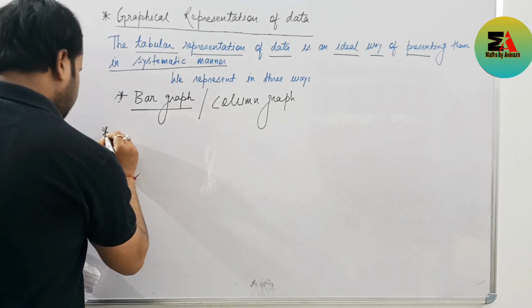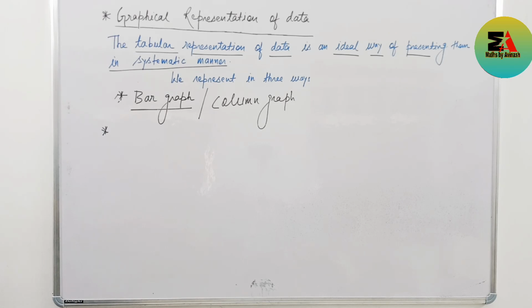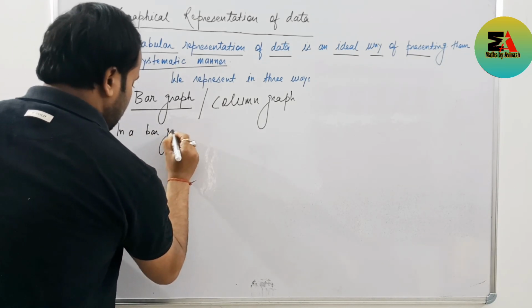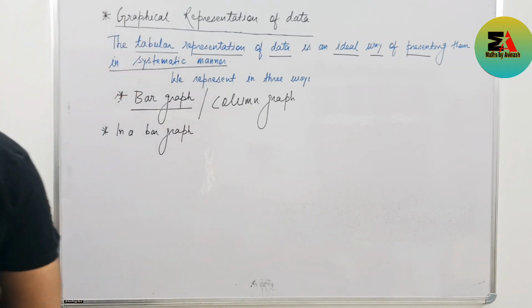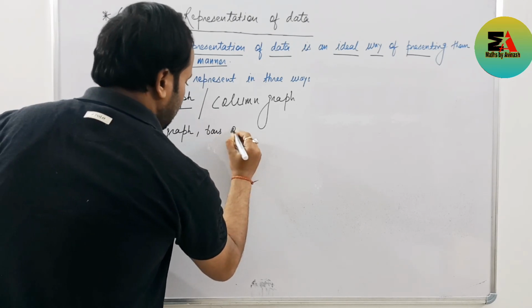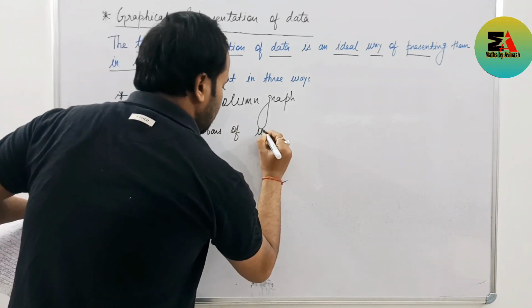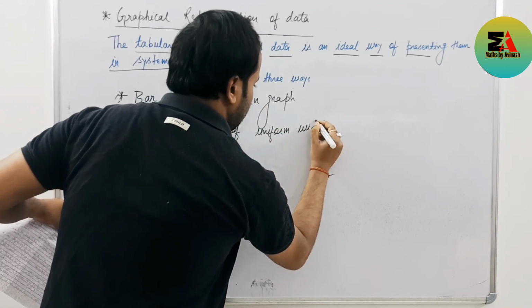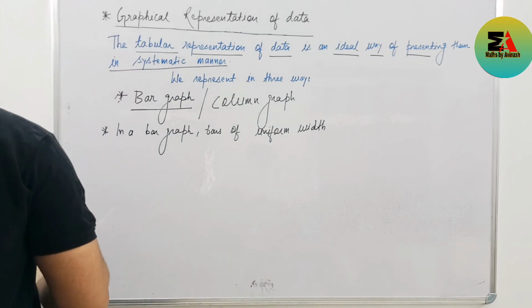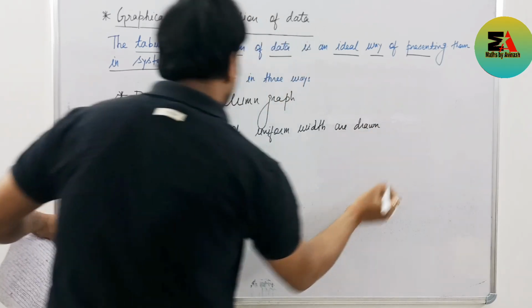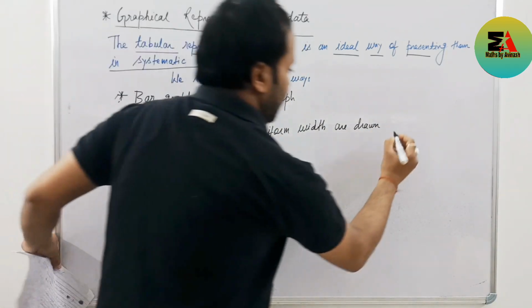These are some important points. Point first is: in a bar graph, bars of uniform width are drawn with various heights.